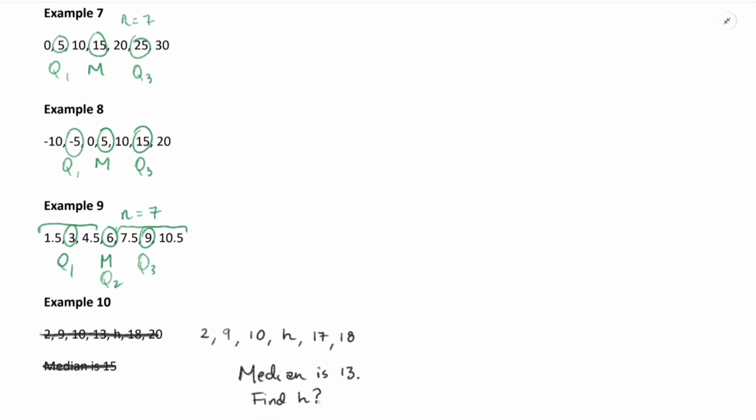Let's have a go. We know that from the structure, we have an even number. So the median is located in the center here, in between 10 and h. So we know that if we did 10 and we add h and then divide it by 2, that would give us our median. And we know the median is told to us is 13.